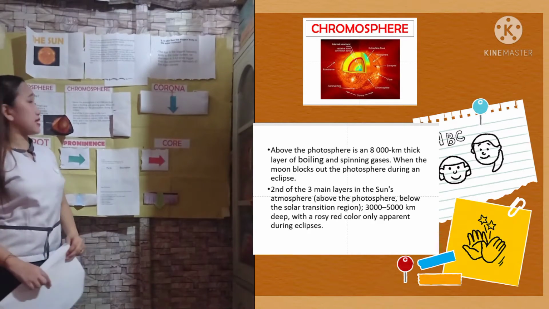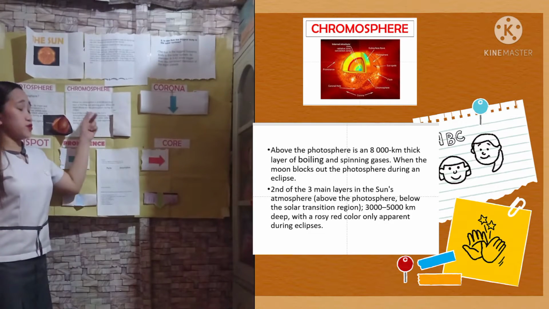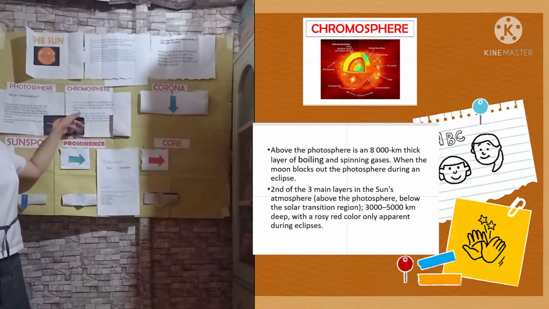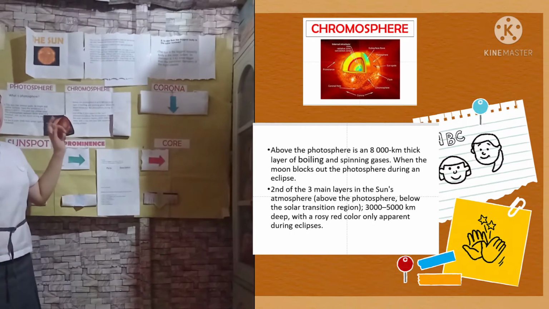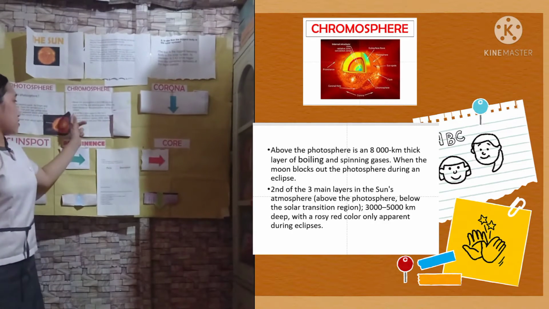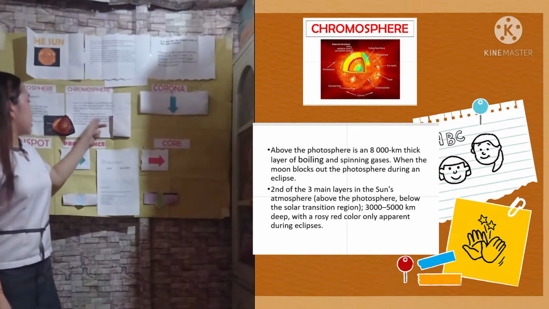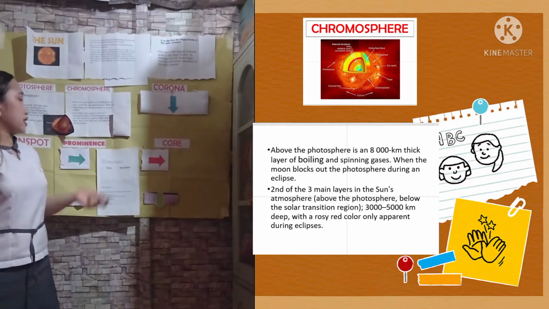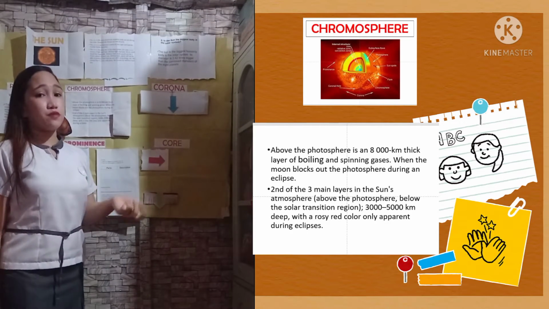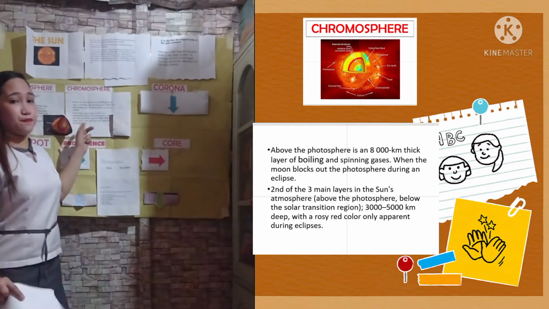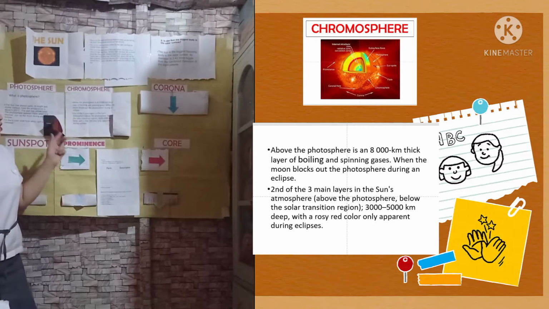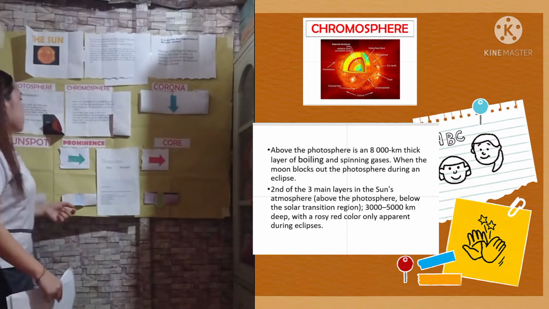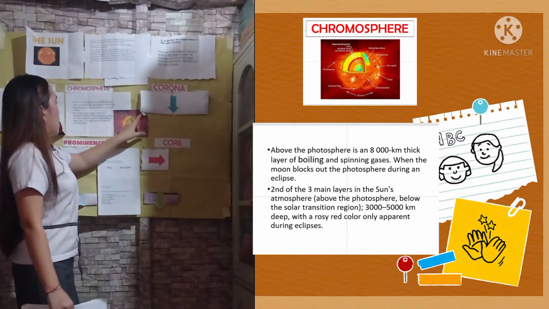When the moon blocks out the photosphere during an eclipse, the chromosphere is the second of the three main layers in the sun. As an atmosphere above the photosphere, below the solar transition region, 3,000 to 5,000 kilometers deep, with a rosy red color, it is only apparent during an eclipse. This is the picture of the chromosphere.